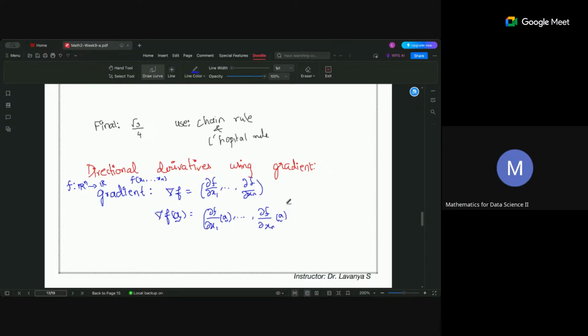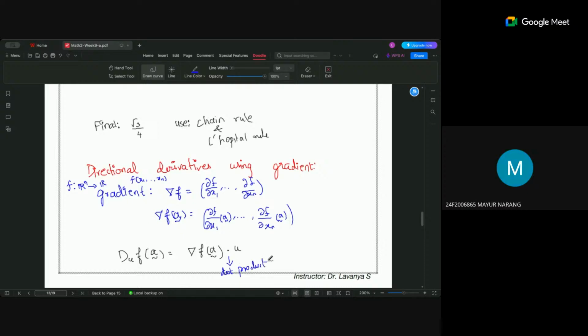Now, how do we define the directional derivative using the gradient? The formula is that D_u f at a is given by del f at a dot u. What is this dot representing? Inner product, yes, the dot product.